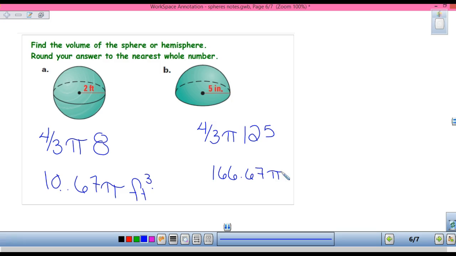What do you have to do with that? Are you looking for an entire sphere? No, you're looking for a hemisphere, so I have to take half: 83.33 pi inches cubed. Yep, it's always units cubed.